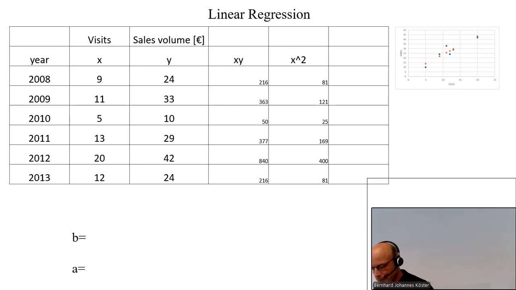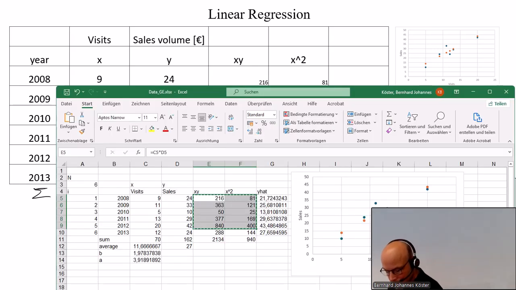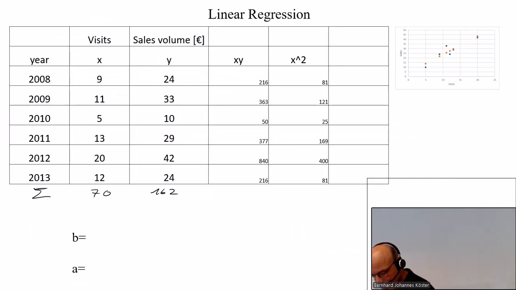And then we had here the sums. This was 70, 162. Thank you. 90, 40. Then we have X bar was 11.27.